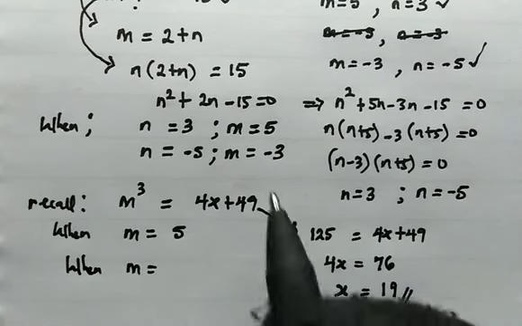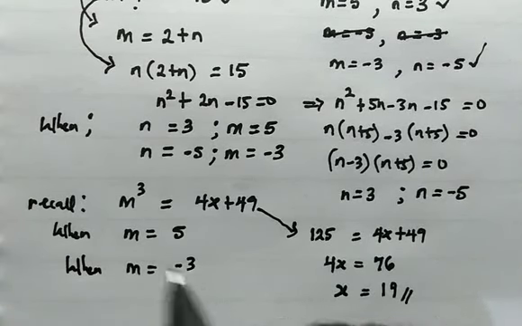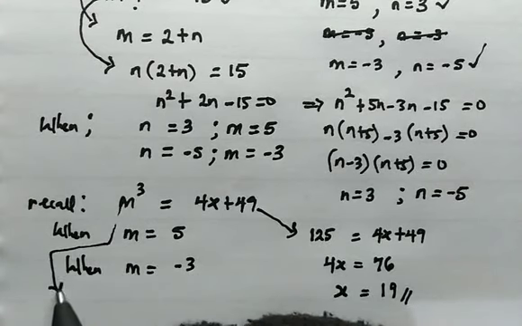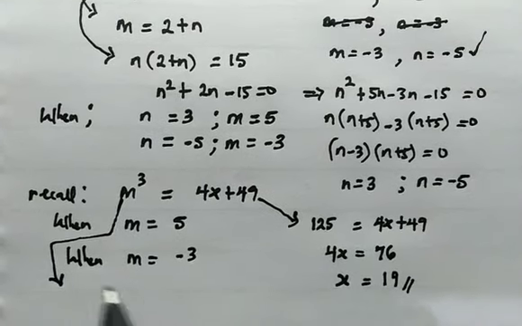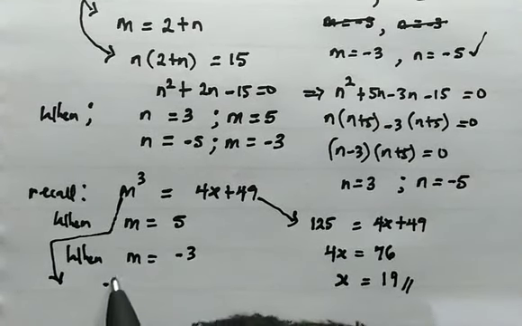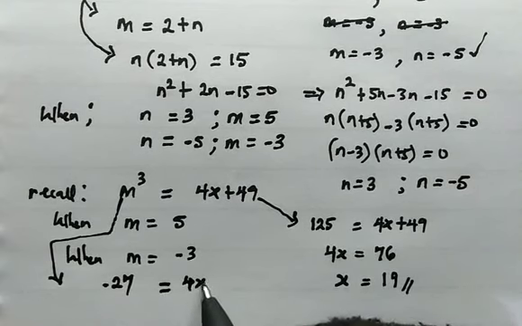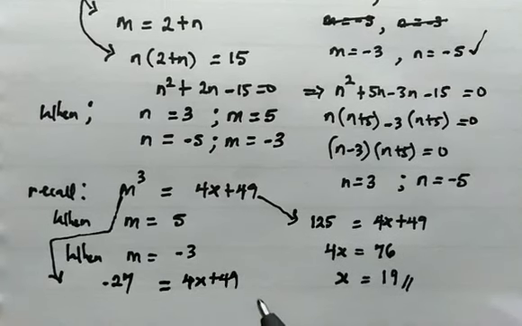Now, when m is equal to the other value of m, negative 3, m cubed will be negative 3 cubed, which is negative 27, right? Then this is equal to 4x plus 49, right?